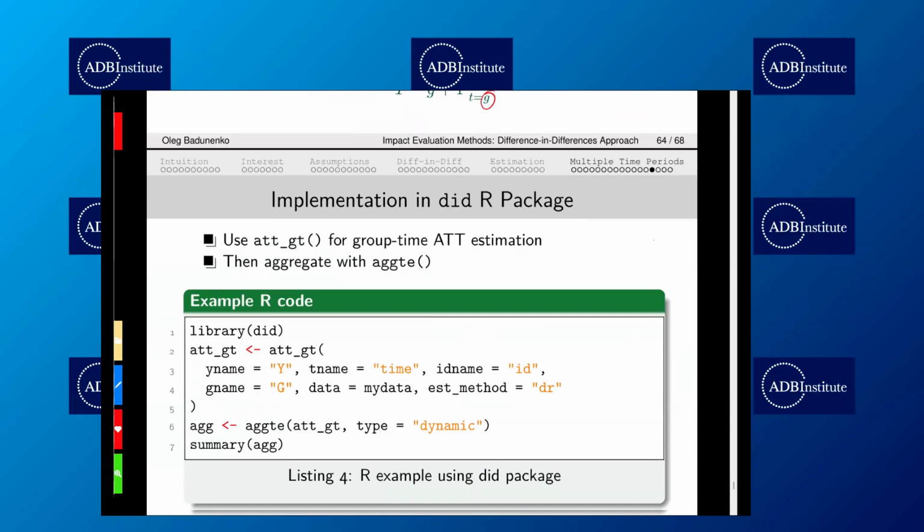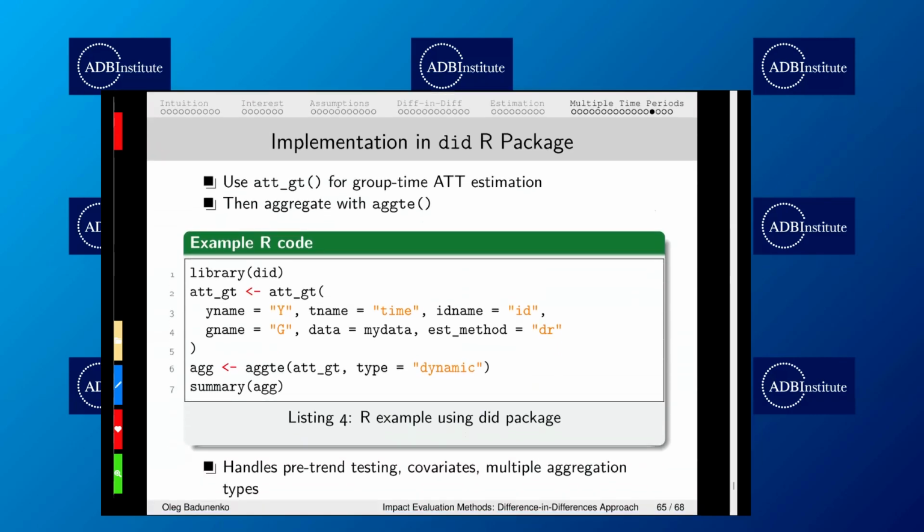Now, I've noticed that some of you asked a question yesterday about the R package. And obviously, R is very attractive in a sense that it's free software. So you can download the software for free, install it on multiple systems. And obviously, the DID package is also a free one.